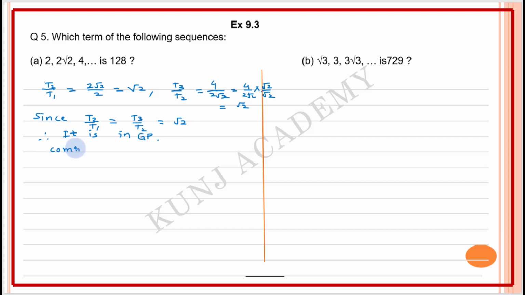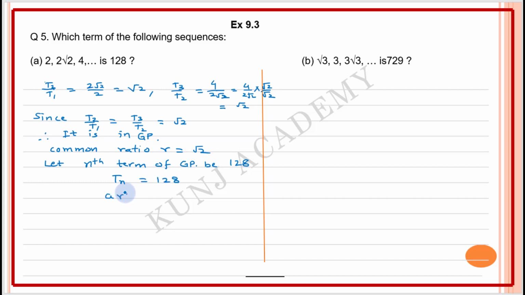Common ratio r is equal to T2 upon T1, root 2. Let 128 be the nth term of this sequence or GP. The nth term is Tn equal to 128.